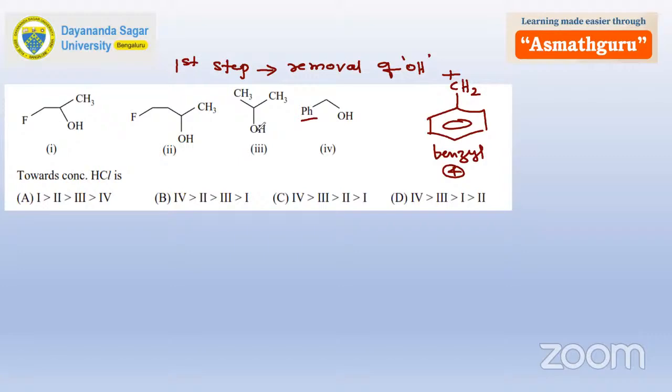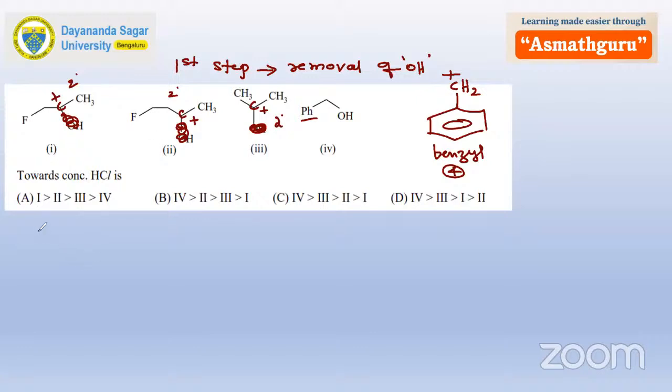Like that, you remove this OH. This carbon gets positive. This is a secondary carbocation. Like this, you remove this OH. You get what kind of carbocation? Secondary. This is also secondary. You remove this OH, you get a carbocation. Again, this is also secondary.